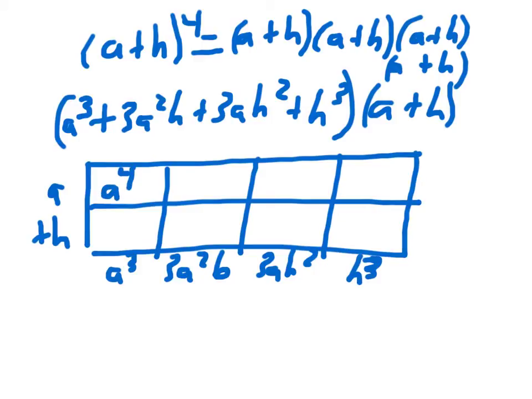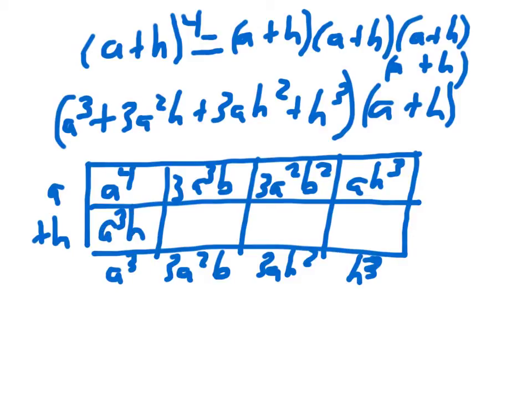So this is a^4, 3a^3 h, 3a^2 h^2, and ah^3. And down here I have an a^3 h, 3a^2 h^2, 3ah^3, and h times h^3 is h^4.